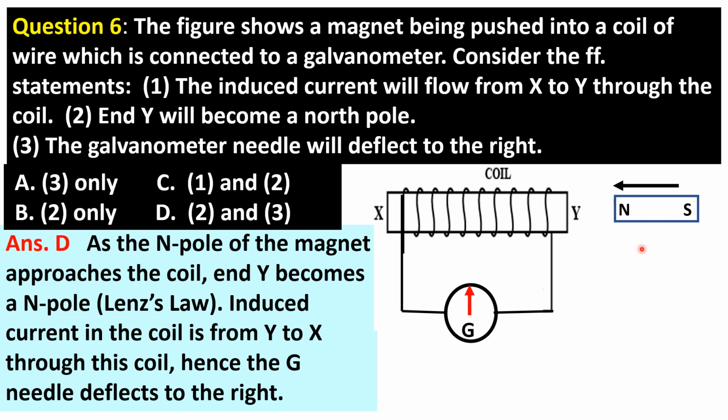If there is a change in the magnetic field, there is a current that will be induced in this coil of wire. That's the reason why we need to move this bar magnet towards the coil of wire, and moving it towards the coil will not necessarily cause a strong induced current.